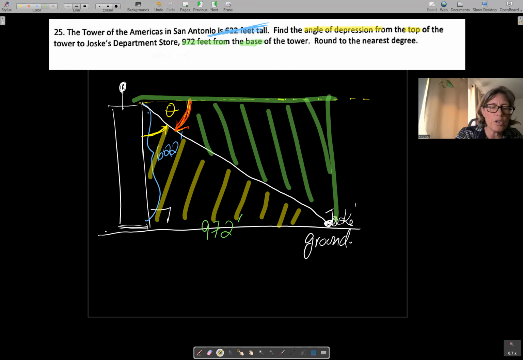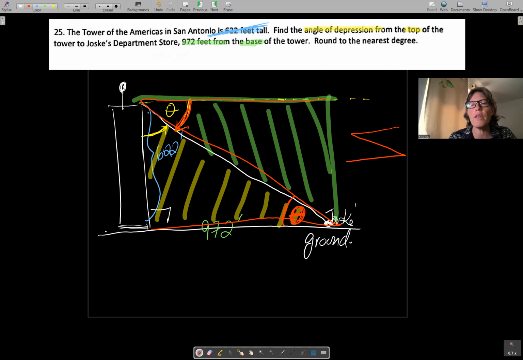So that's why you need to know about those alternate interior angles, because you can simply transfer that angle of depression to right here to the angle of elevation to actually find it. Because the angle of elevation and the angle of depression will be the same thing. But you have to be able to draw in that angle of depression. Because they're alternate interior angles. Why? Because horizontal lines are always parallel.